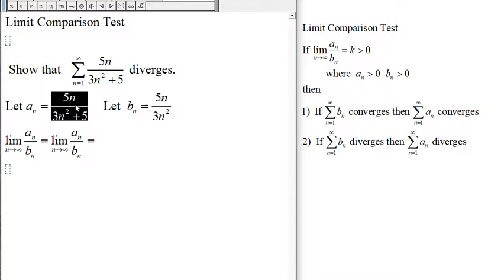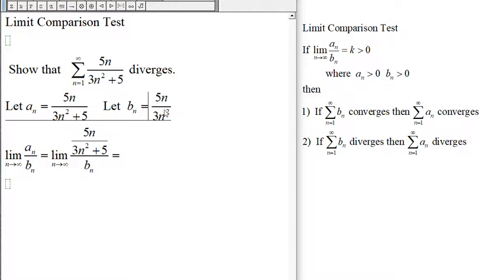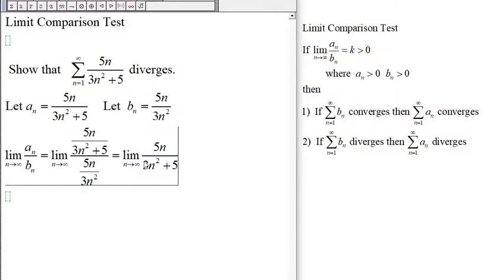So A sub n is this, and then B sub n is this. And then now we can just simplify. Dividing by 5n, dividing by this quotient right here, is the same thing as multiplying by the reciprocal.